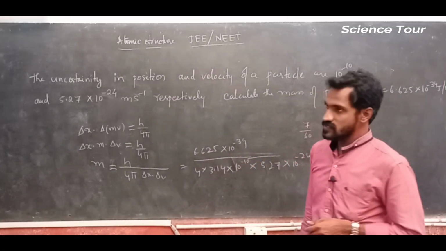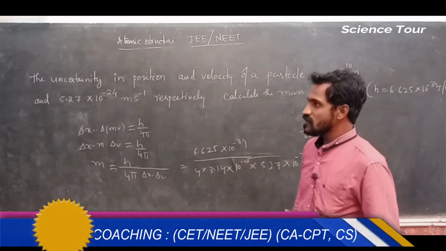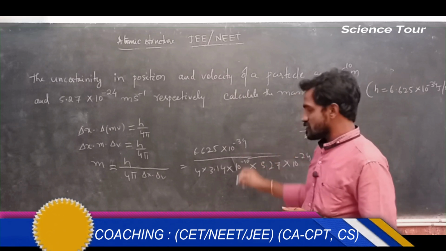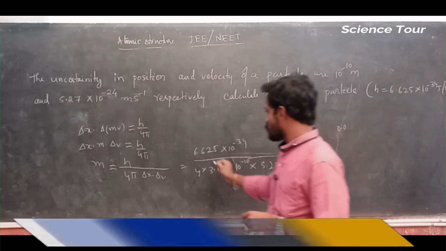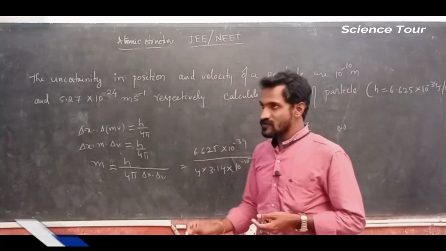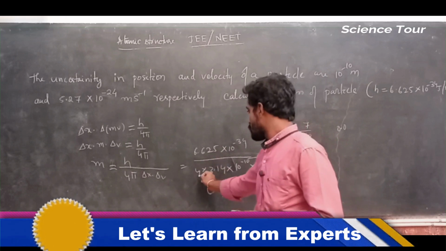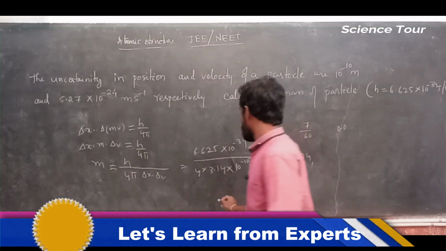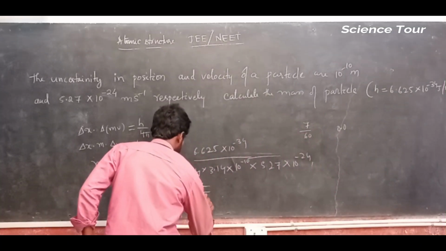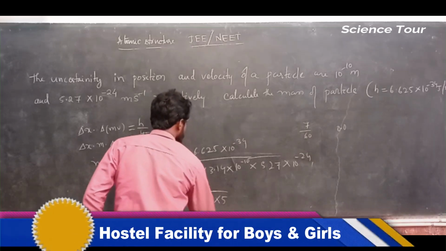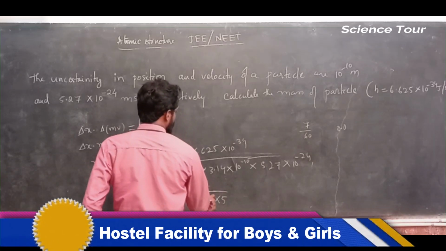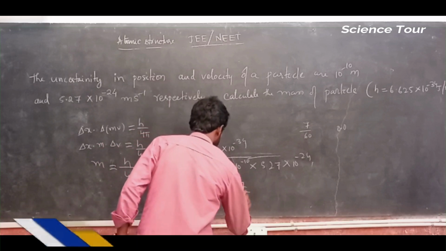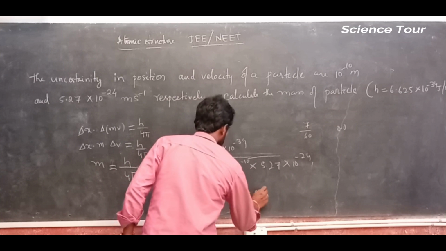Minus 24 minus 10 is minus 34. When it goes up it becomes plus 34, so minus 34 plus 34 get cancelled. Understood? And you have to solve this part. Here 6.6 is there, you take it as 7, divided by 4 into 3.14, you consider it as 3. I will write here 7 divided by 4 into 3 into 5. 4 into 3 is 12, 12 into 5 is 60. 7 divided by 60 gives actually 0.11 something.